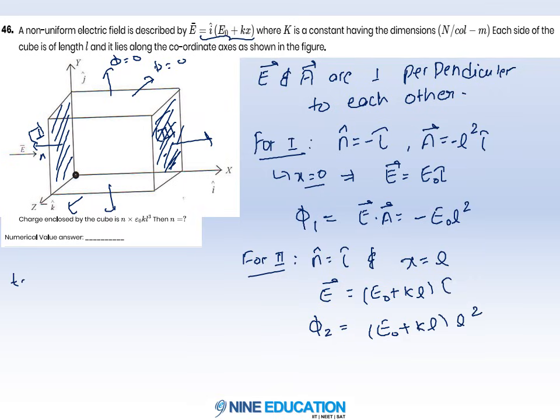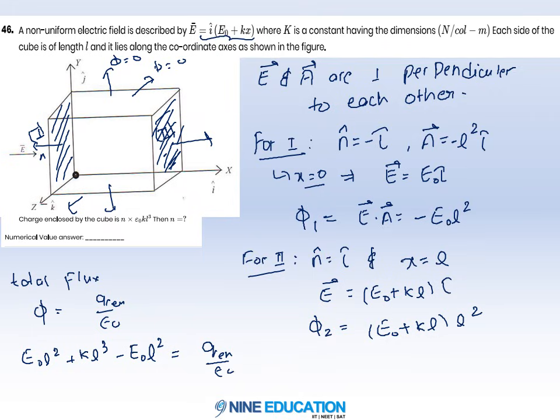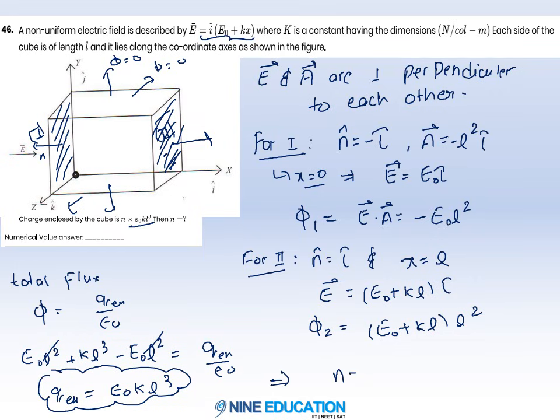So the total flux is, according to Gauss law, q enclosed upon epsilon naught. So how much are we getting? E naught L square plus K L cube minus E naught L square equals q enclosed by epsilon naught. So this term will cancel out. What we are getting? q enclosed is epsilon naught K L cube. So from here, what can we find? We can find n value is 1. N is 1.